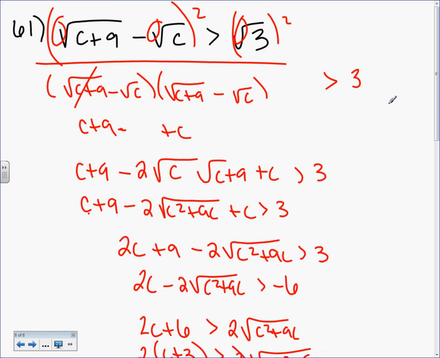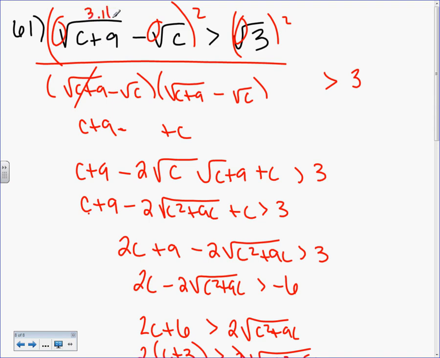I would definitely use a calculator. For the sake of the video and you guys working on it, I'm going to plug in 1, just so you can make sure you're doing it right, okay? That would be 1 plus 9, which is 10, square rooted. Square root of 10 is 3.16, so I'm going to leave it in my calculator.